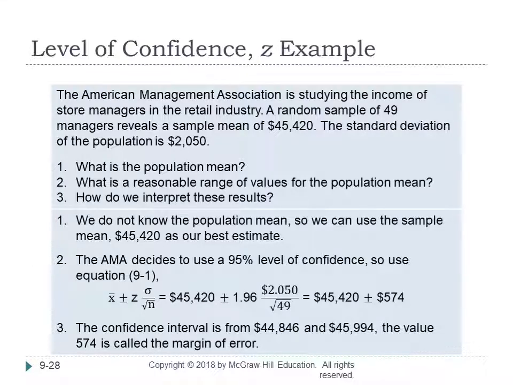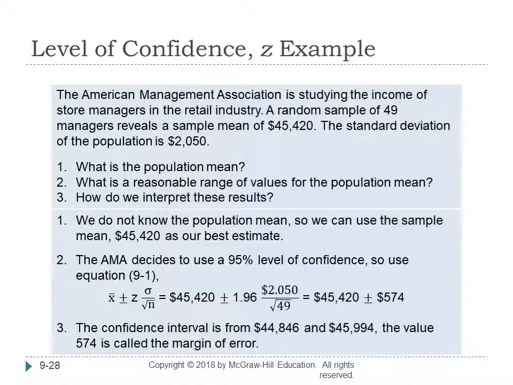Here is the first point. We don't know the population mean, so we can use a point estimate from the sample, which is 45,420. Now, here they decide to construct a 95% level of confidence. We already looked up the z-value, which is 1.96.